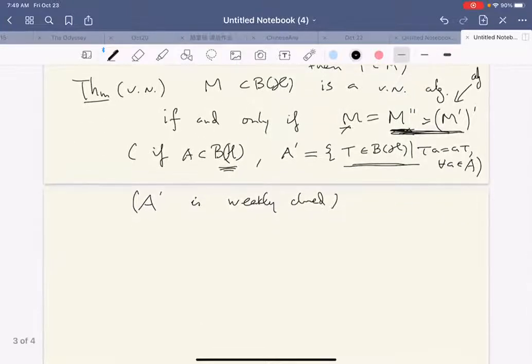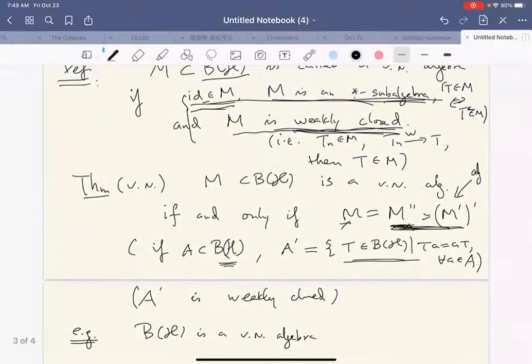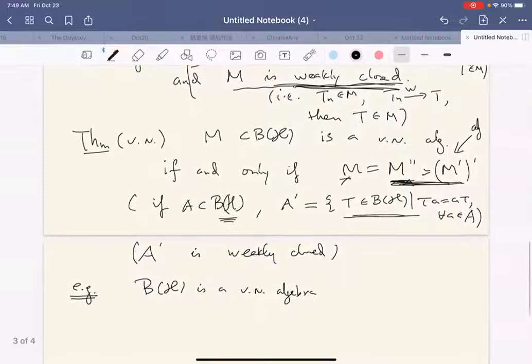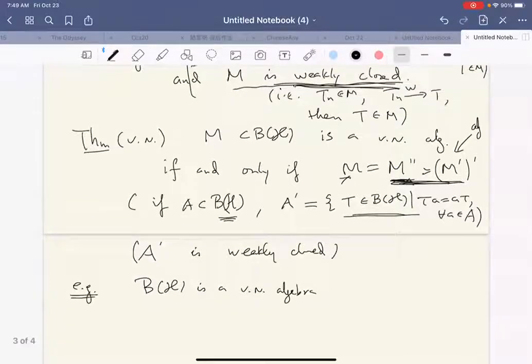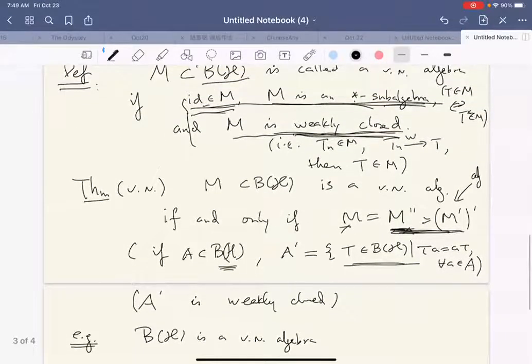So far I've given you just one example. So let's look at examples. Obviously B of H is a von Neumann algebra. That's pretty clear from the definition, because everything happens in B of H, so all these conditions trivially hold, right?